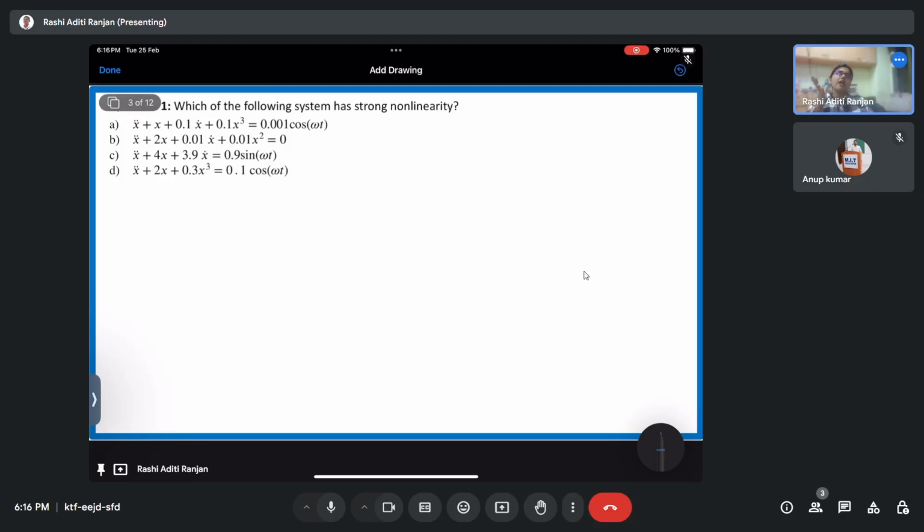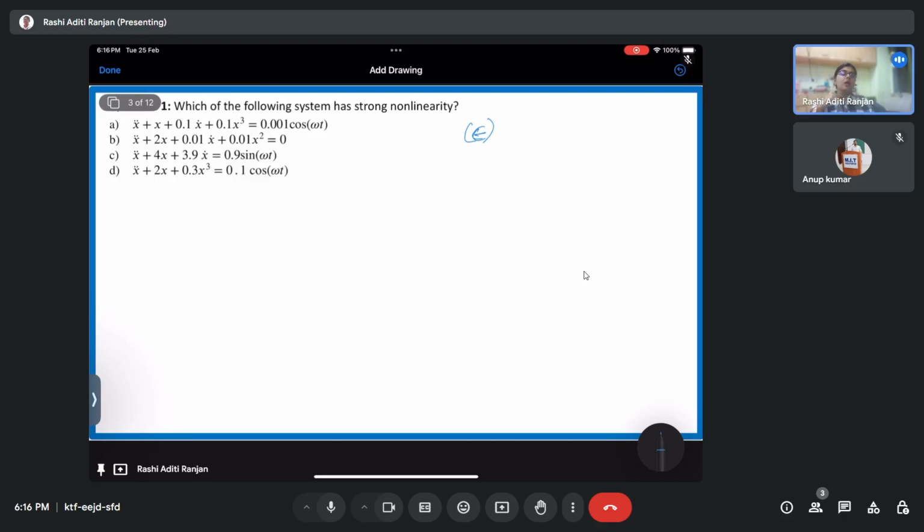So see, if I have a strong nonlinearity, now I know that I should go with the numerical solution. Because if you remember, when we were talking about the analytical methods, we were assuming that our nonlinearities are multiplied with the bookkeeping parameter epsilon, correct? All the nonlinearities are multiplied so that they go into the second equation or maybe the third equation and not the first equation.